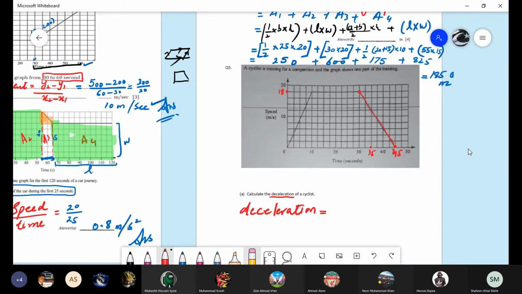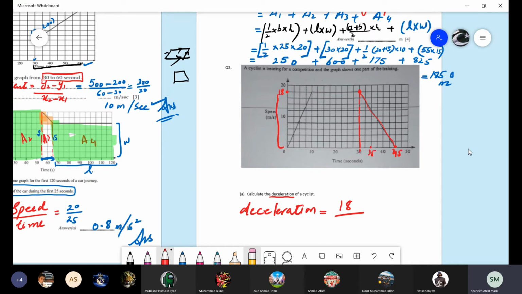45 over 18? No, minus. It will not be 45 over 18, my dear. You can write delta y, which is 18, and the change in x from this point. You have to start from this point, from where the car speed is going to decrease.